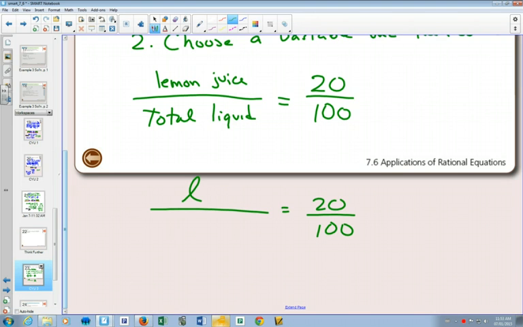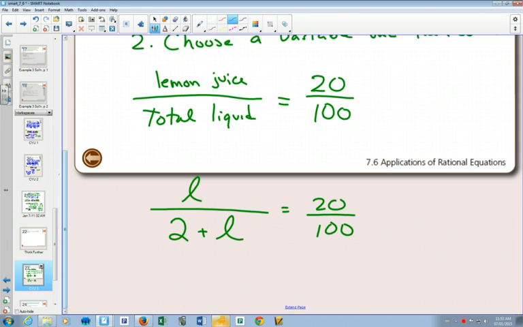But this 2 liters is just water, right? Whatever L you put in gets added to the total. It's not like you put in a cup, take out a cup of water. That's very hard to do instantaneously. Okay? So we have more in our total now than we did before. We started with 2 liters, but each time we add lemon juice, our total gets bigger.